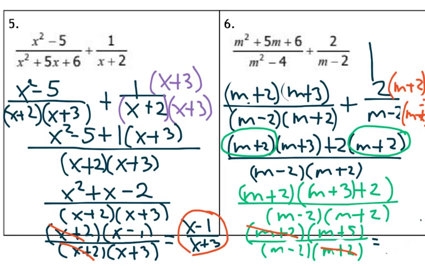Let me fix that. I'm sure you guys can write this. I'm going to write it a little higher so it doesn't hit the arrow. So m plus 5 over m minus 2. And that is our final answer.